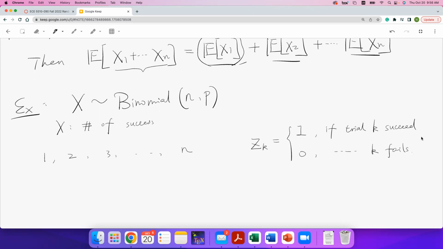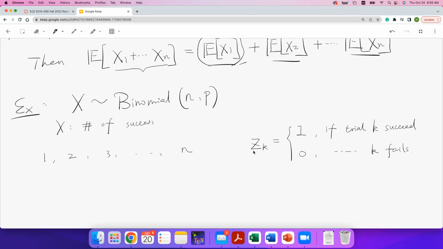The indicator is very simple. I look at the k-th trial. If the k-th trial succeeds, I can define Z_k as 1. If the k-th trial fails, I define Z_k as 0. This is an indicator random variable for the trial k.